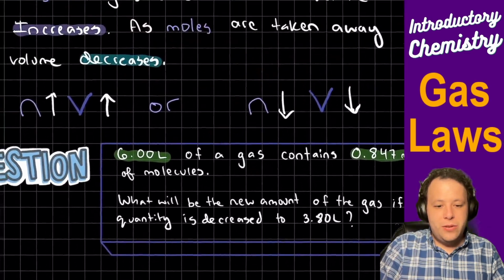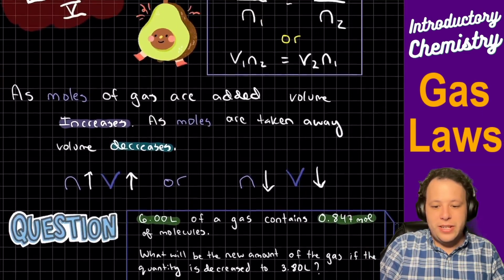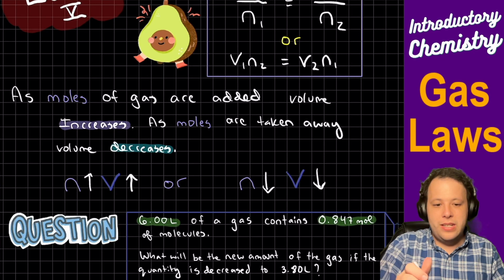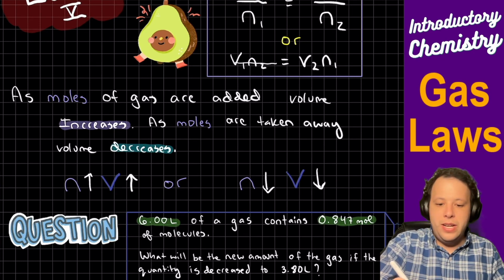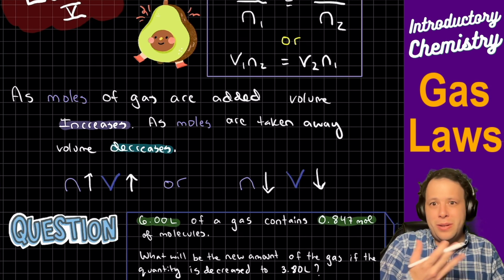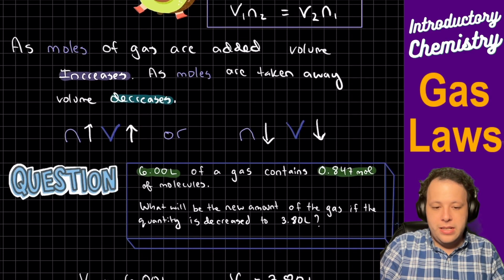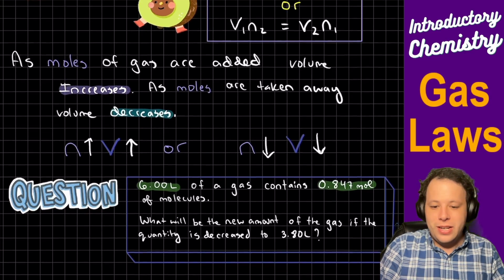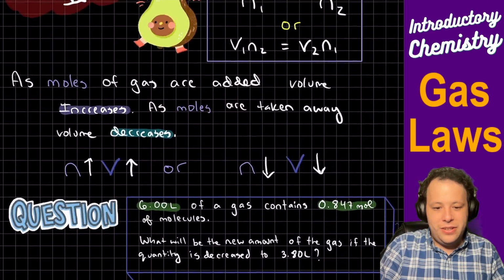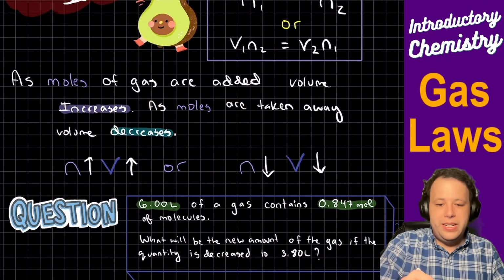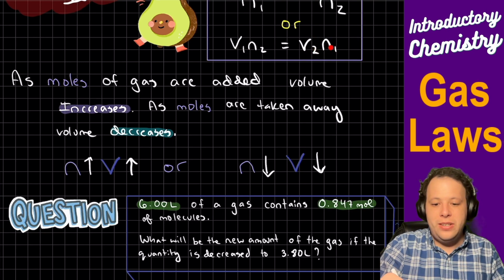We could also arguably use the other equation I had up here, which was V1N2 is equal to V2N1. It's rearranging it. So we could do a couple different things. When we rearrange that equation to figure out N2, we divide both sides by V1. So it's going to be V2N1 divided by V1.